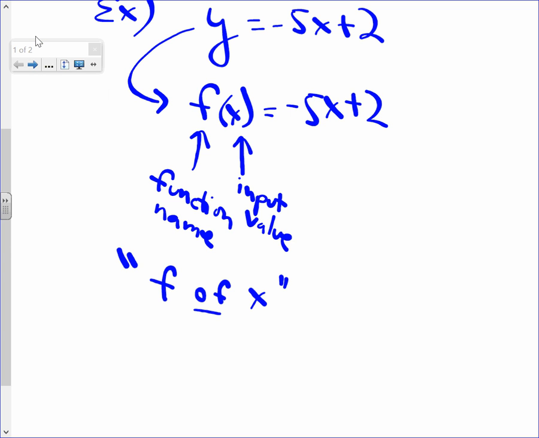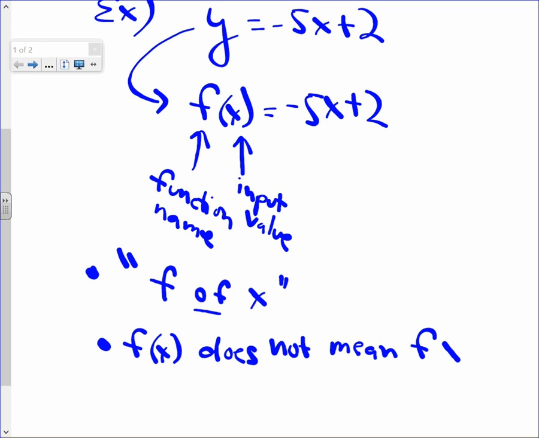Then underneath that, so this is the first bullet, put another bullet. Put f of x does not mean f times x. A lot of people see f and x like this and think this means f times x.